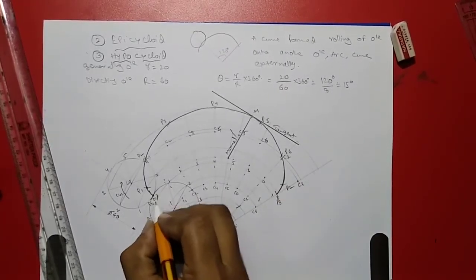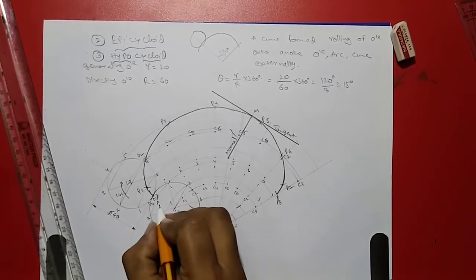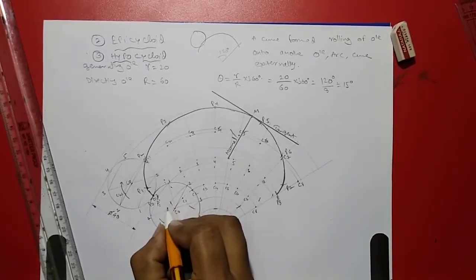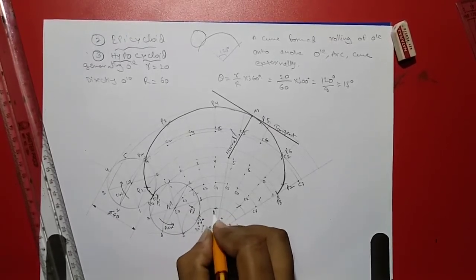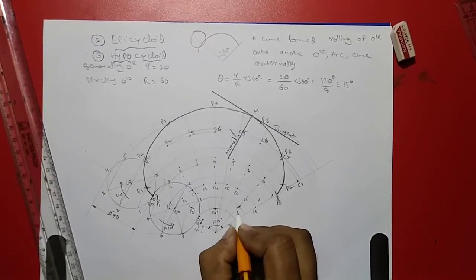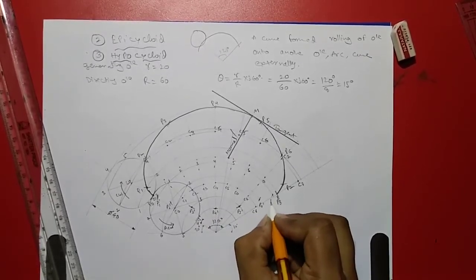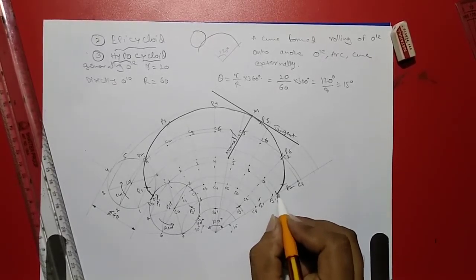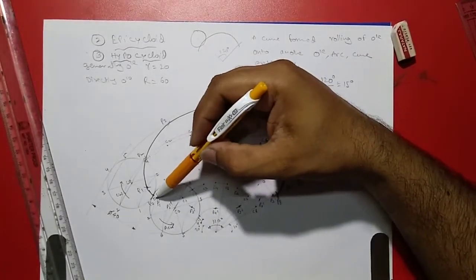So this is P0. I'll take this as P1 dash, P2 dash, P3 dash, P4 dash, P5, P6, P7 dash, and we already got P8 over here, this point. Now just draw light stroke lines.